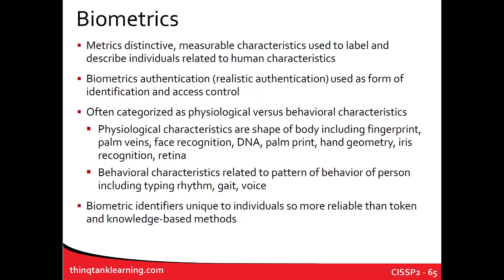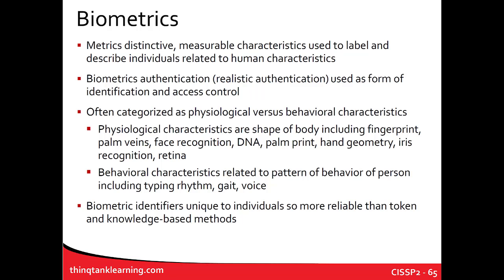We use this for things like access control, digital access control, physical access control. Two categories of biometrics: physiological, which is based on physical traits, fingerprints, palm vein, facial recognition, DNA. I have yet to see a DNA one in use, but iris, retina scans, hand geometry scanners, those kind of things.